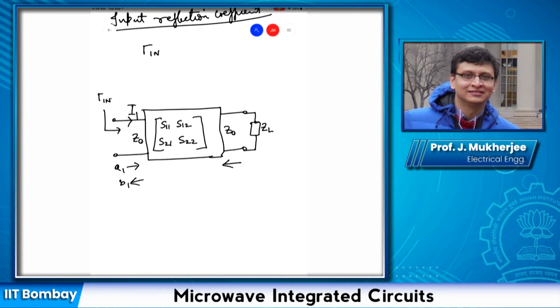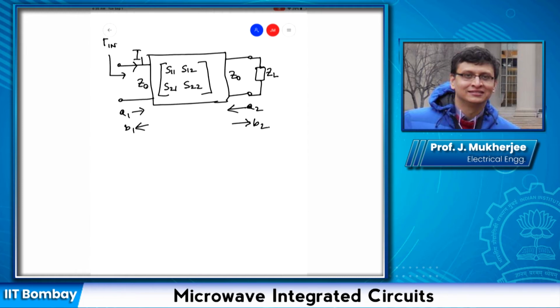Similarly, at the output, A2 and B2 represent the normalized incident and reflected voltage waves.